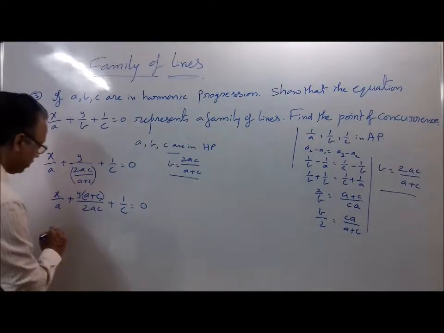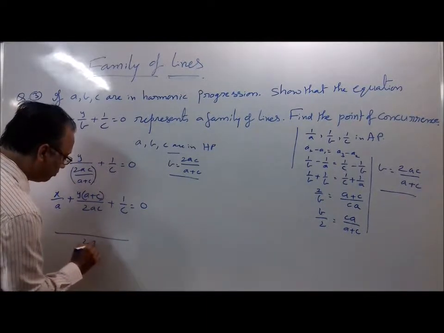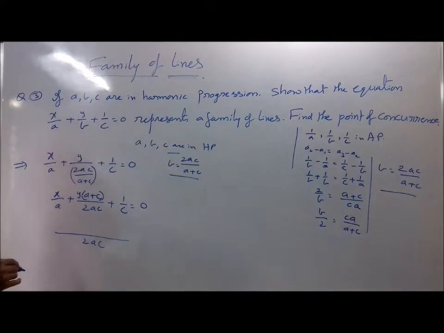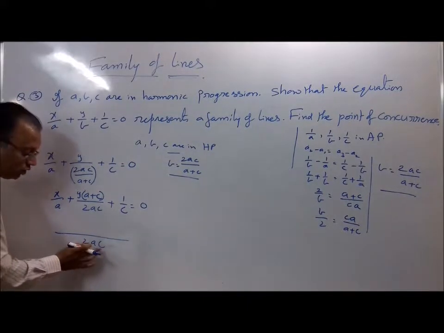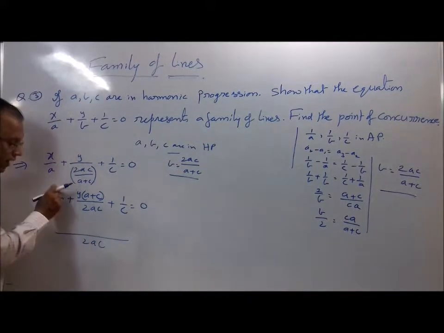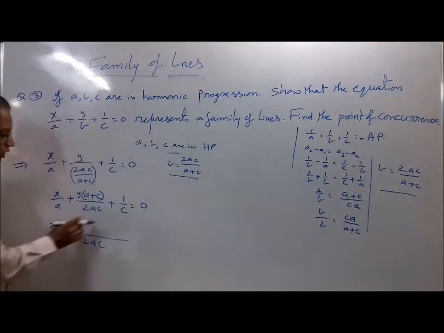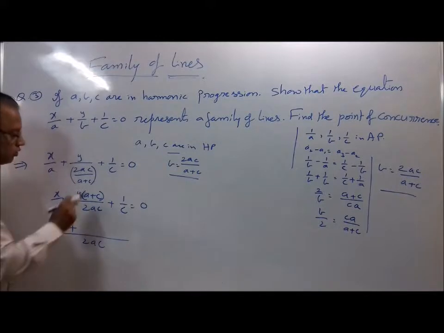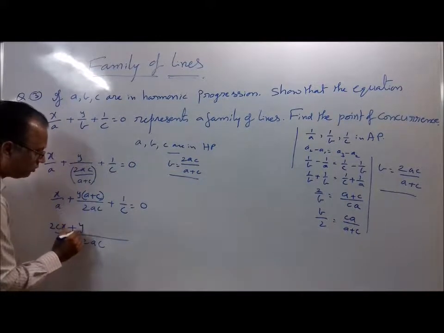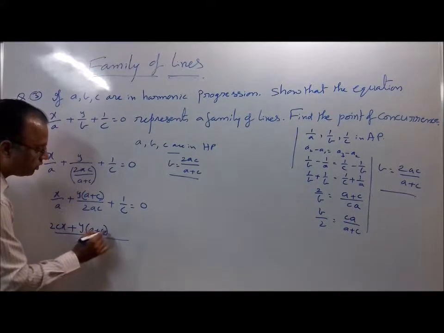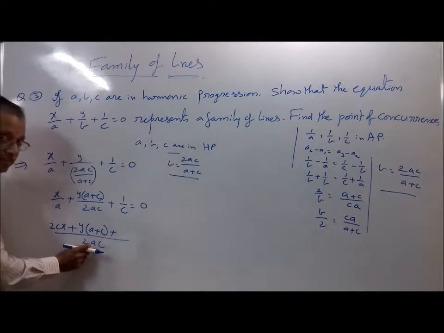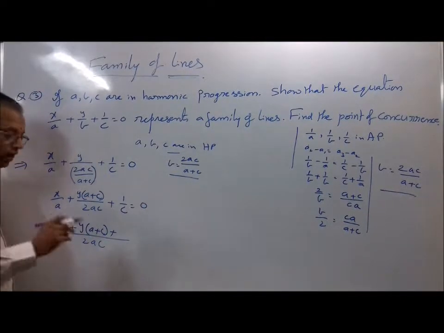I take 2AC as the LCM. A will cancel, 2C is there, 2C multiplies x. Then C will cut, 2A is there, 2A multiplies 1.